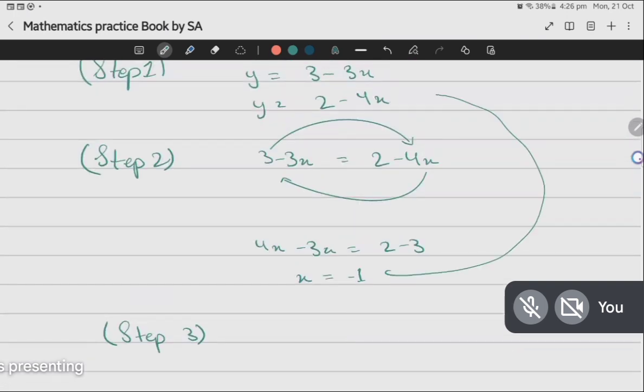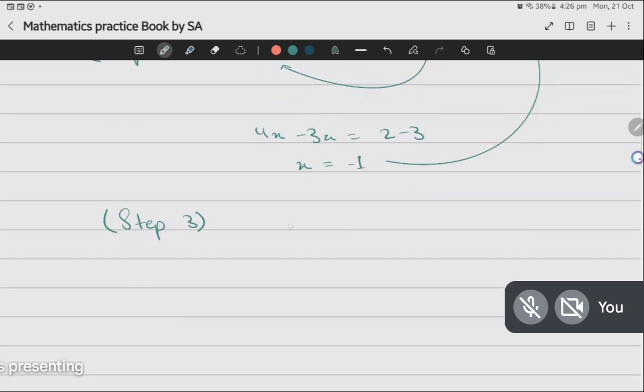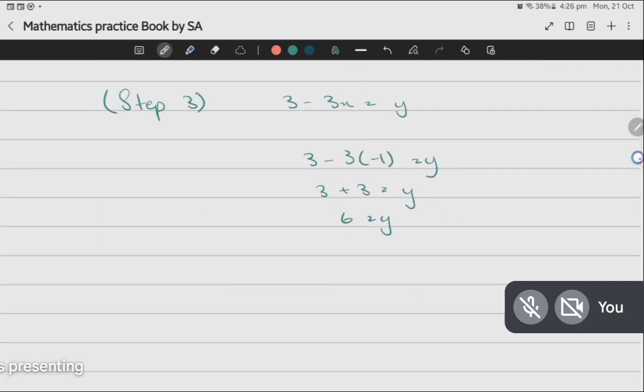Step 3 is input this value into any one of these equations. Okay. So let's say 3 minus 3x is equal to y. Right. 3 minus 3 bracket minus 1 is equal to y. 3 plus 3 is equal to y. 6 is equal to y. Step 4 is confirmation.